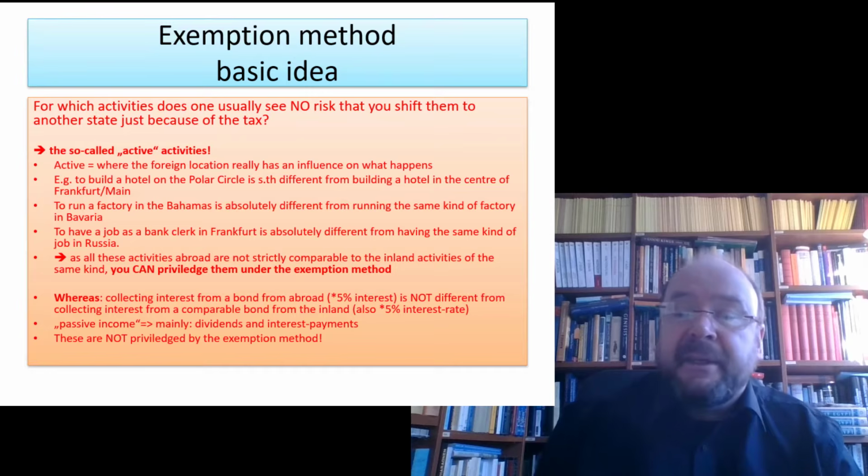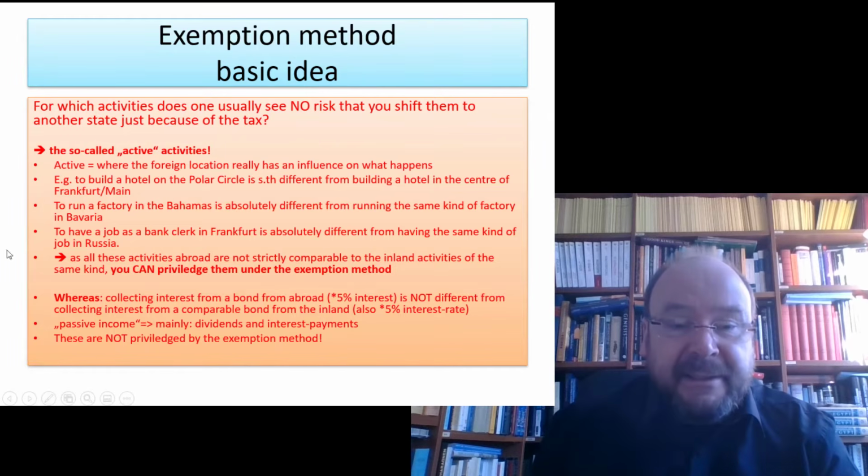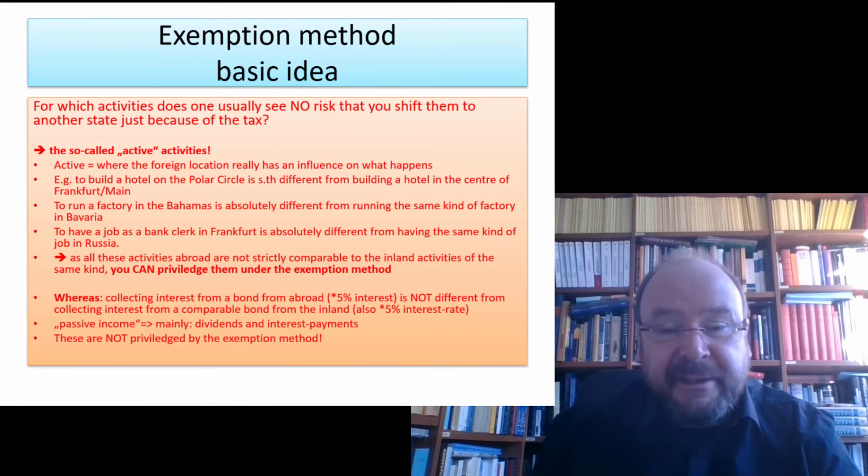Well, okay, so let's sum it up. The exemption method is in theory a risk. In practice, wherever choosing a foreign location for an activity changes the gross profit and the factors which influence the gross profit, gross revenue, there you can risk to offer the exemption method without the risk of grave distortions in the market.